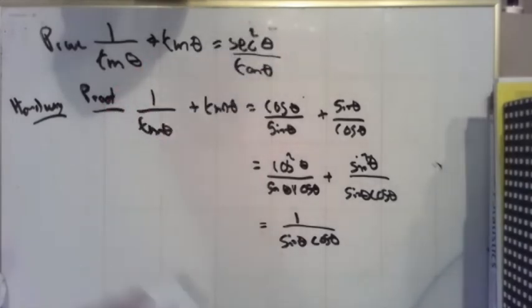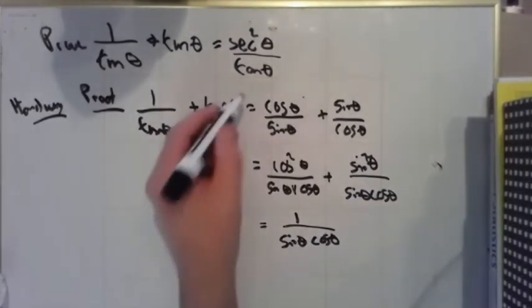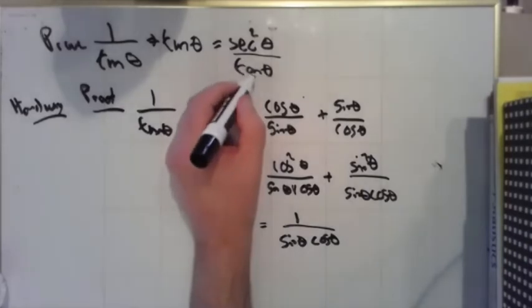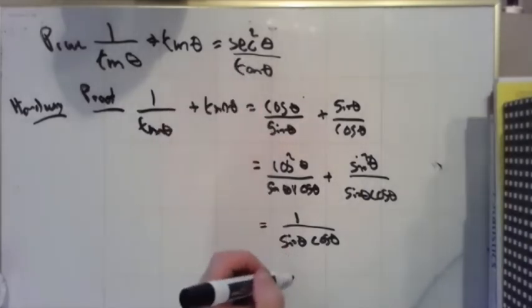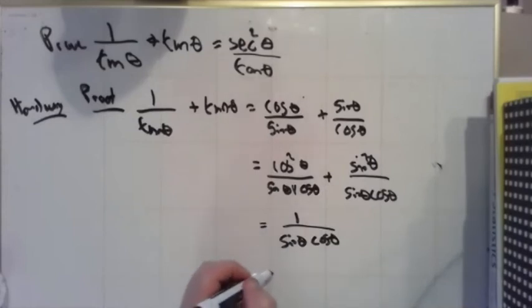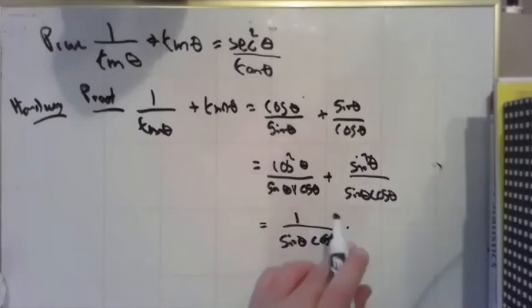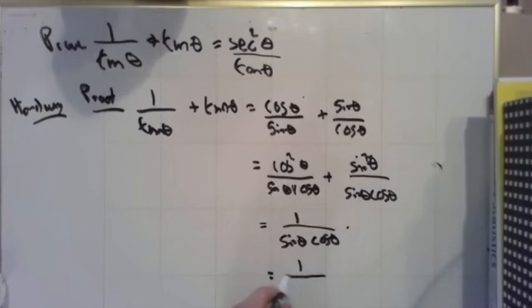Okay, so I'm going to have to do a whole bunch of nasty algebra here to figure out how to get that. I've got a tangent in the bottom. Tangent is sine over cosine, so I need an over cosine here somehow. So maybe I could multiply top and bottom by 1 over cosine.